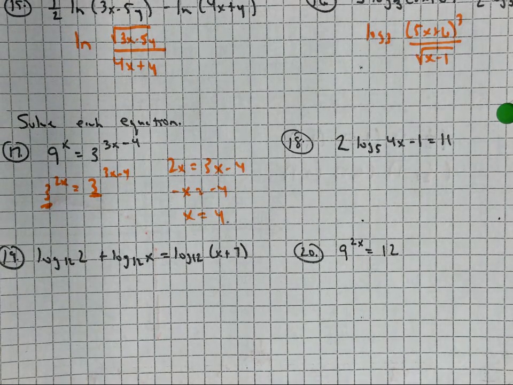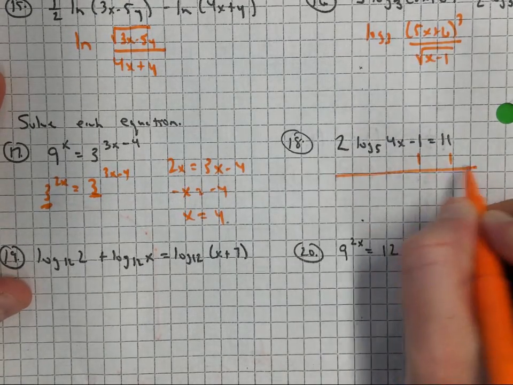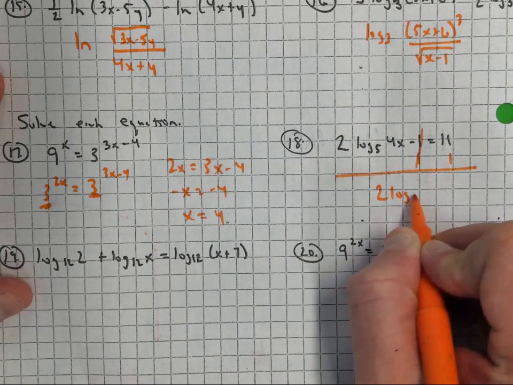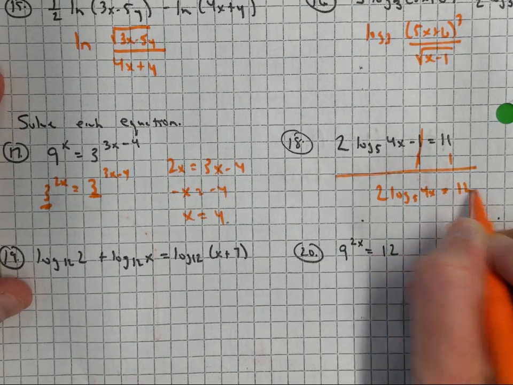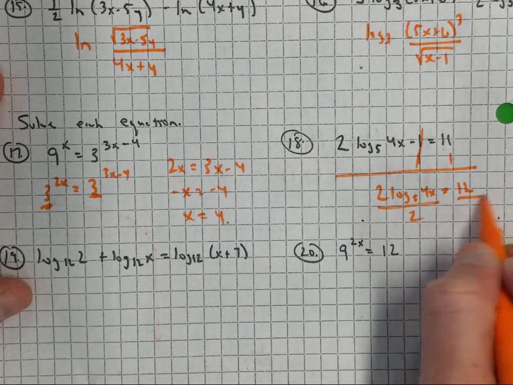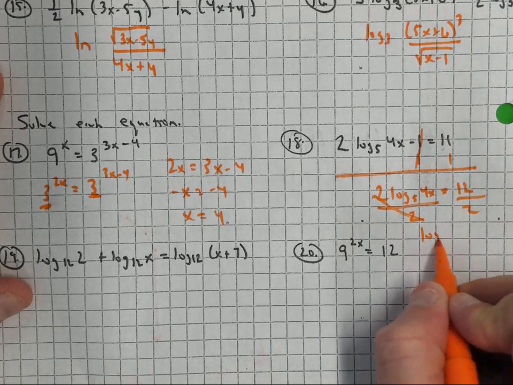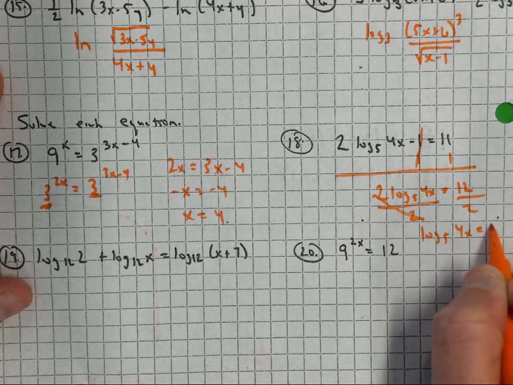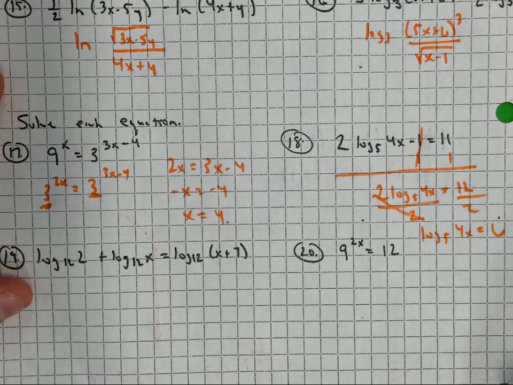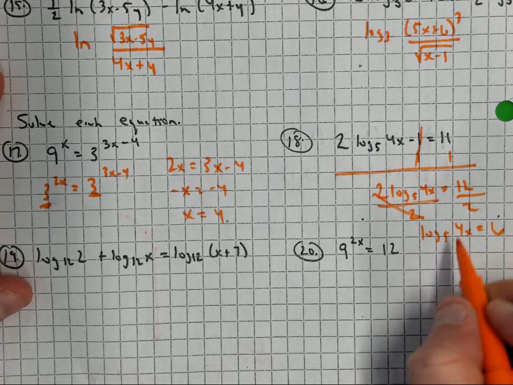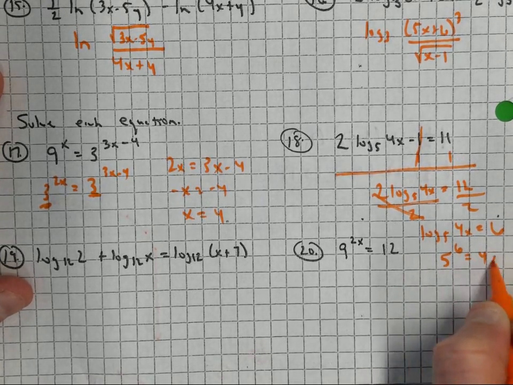Number 18, do I have one log in that problem? Yes. So my goal is just to isolate that log and then put it in exponential. So I'm going to move the 1 over. Then divide both sides by 2. Now I'm going to rewrite it. 5 to the 6 equals 4x.